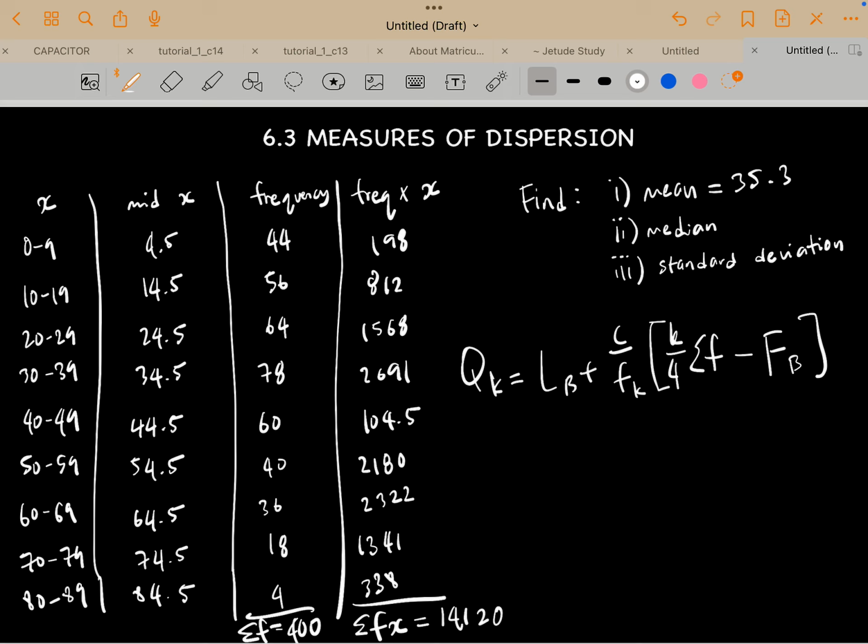Alright. So Q2 in our case, let's try and find this one first. We have 400. k is 2 divided by 4. So that's 800 divided by 4, which is 200.